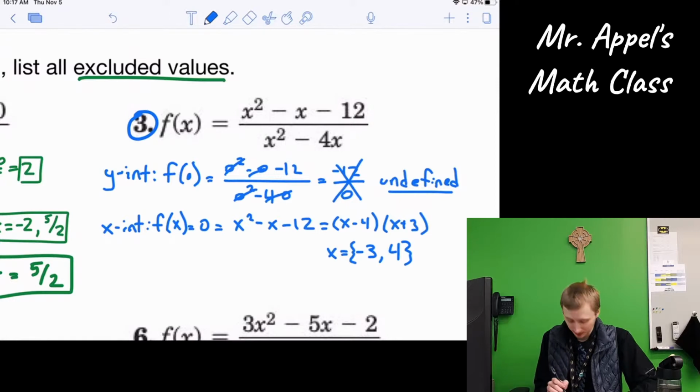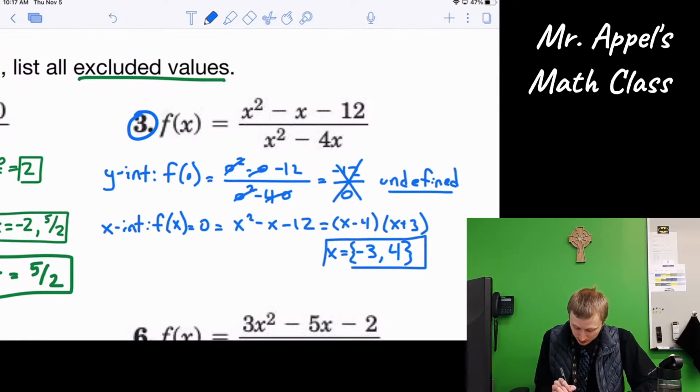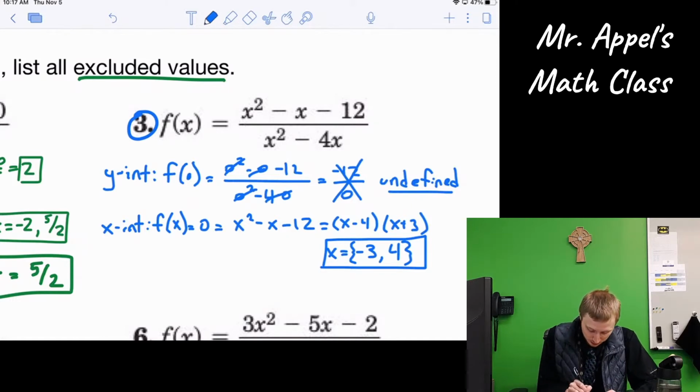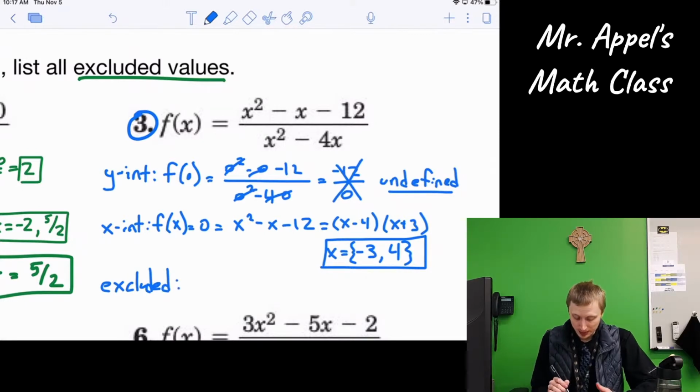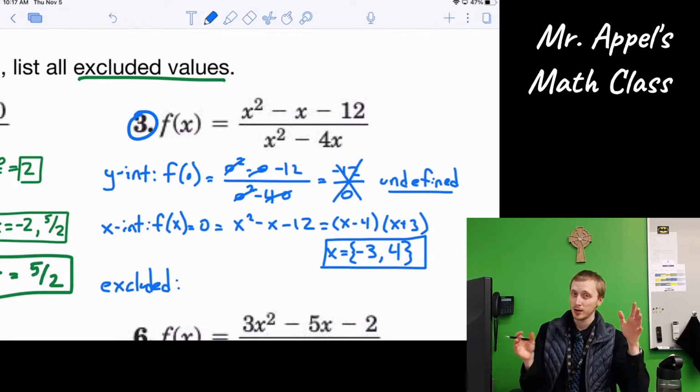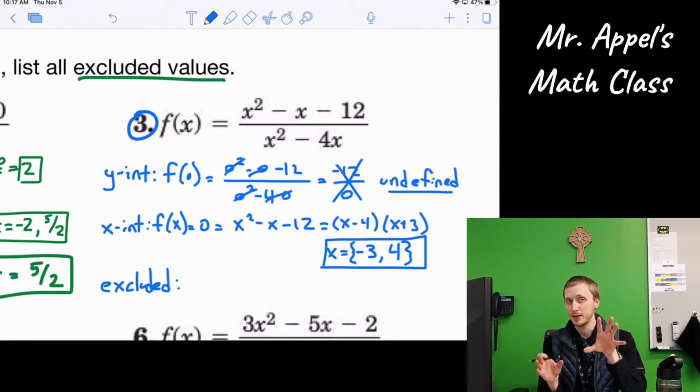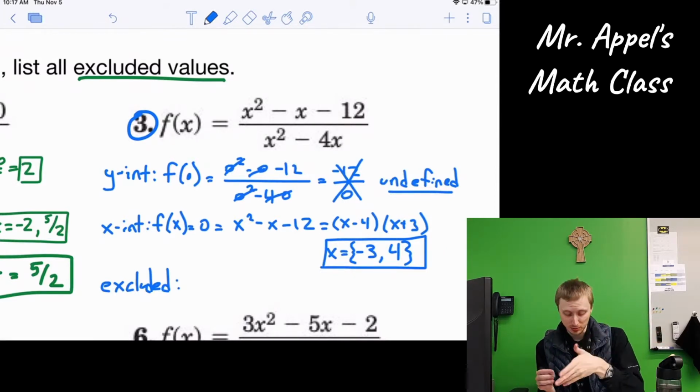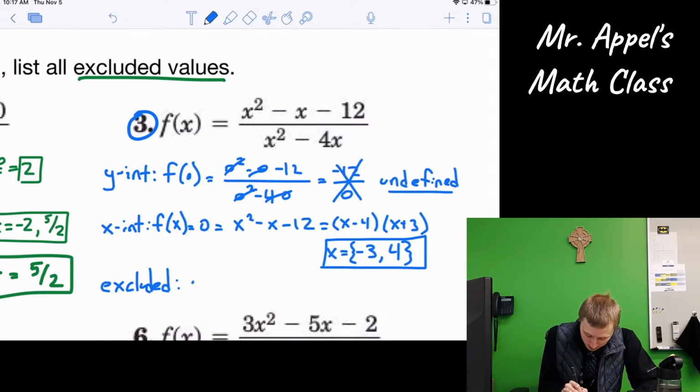Okay? So there's our x-intercepts. But what about the excluded? That's where we're looking for where can we not have a value. And that would be wherever it would cause us to divide by 0. So wherever the denominator is equal to 0.